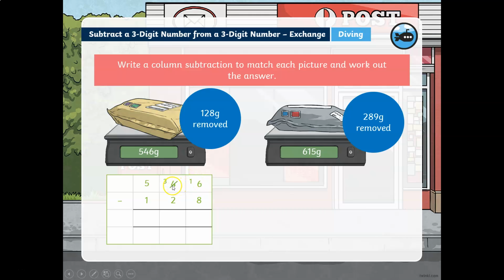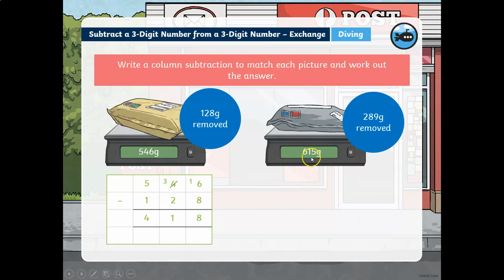The 10 came from here. We brought it over here, and it's 16 now. So 16 minus 8 is 8. Okay, now 3 minus 2 is 1. And 5 minus 1 is 4.